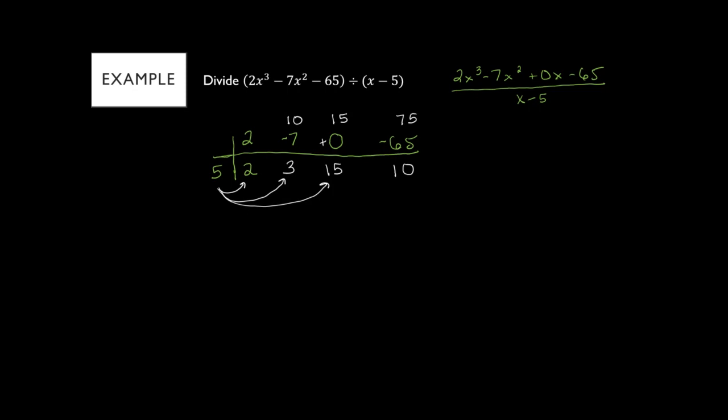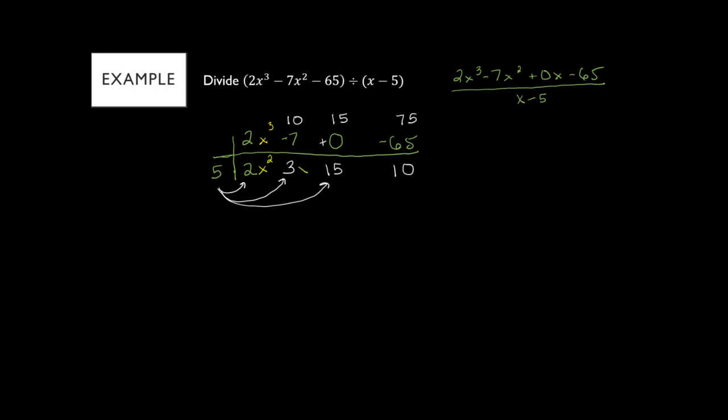Now I need to turn this into the actual answer. So again, that 10 is our remainder, 15 is the constant, and then we have all these other terms. Now, if you don't like having to write it from right to left like I did on the previous example, you can go from left to right. We start with an x cubed. You're removing an x in your answer.